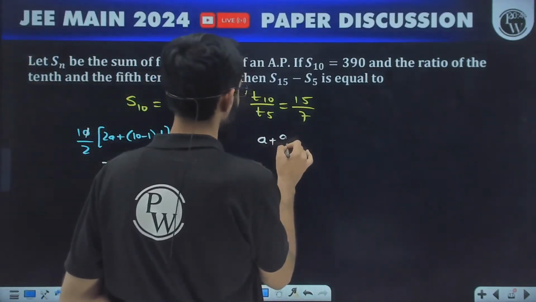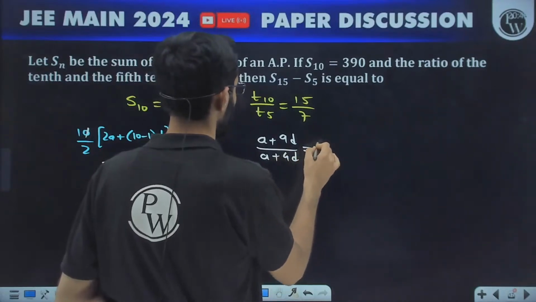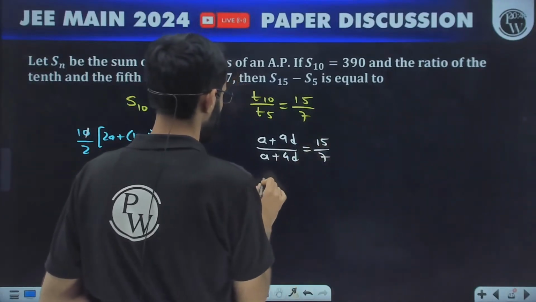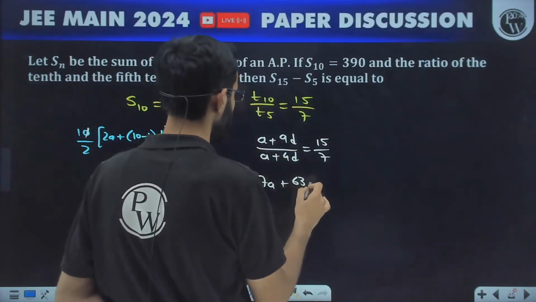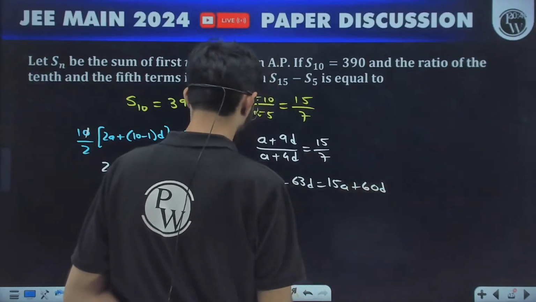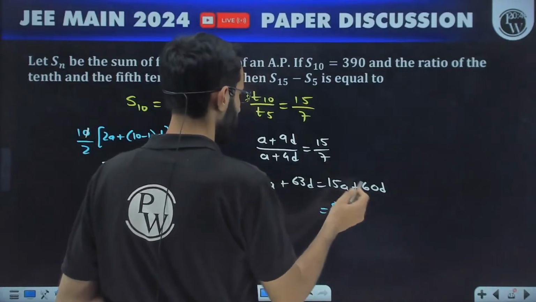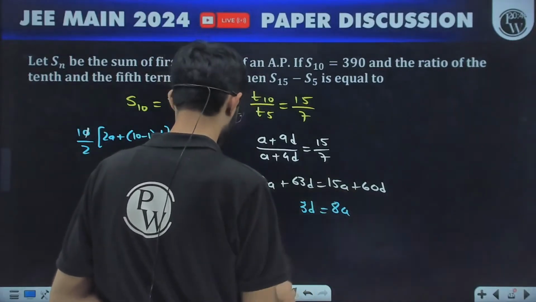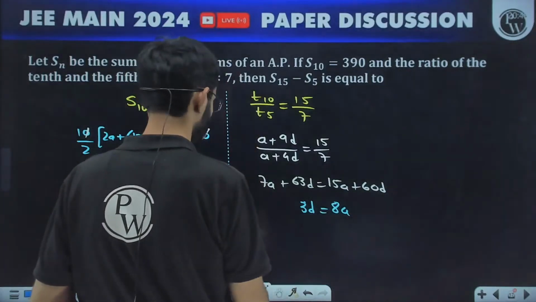T10 by T5, that is (A plus 9D) by (A plus 4D), equal to 15/7. So this will become 7A plus 7 nines are 63D equal to 15A plus 15 fours are 60D. Now 15A minus 7A will give you 8A, and 63D minus 60D will give you 3D. So from here you have 8A equal to 3D.